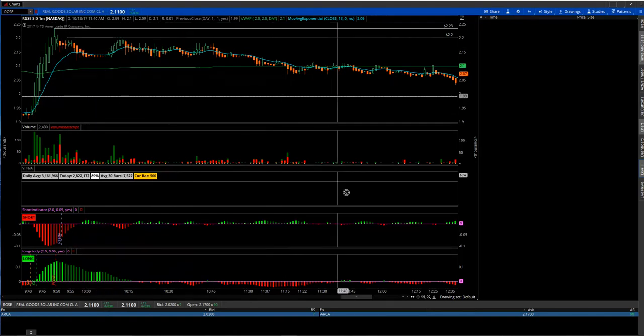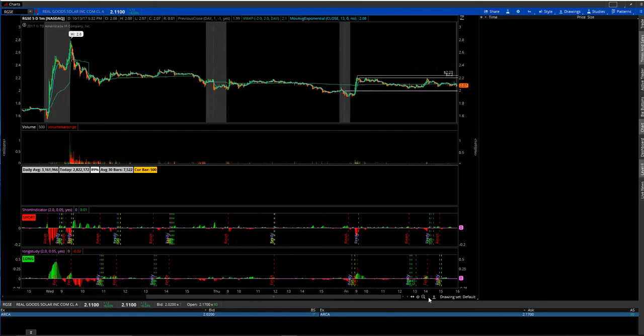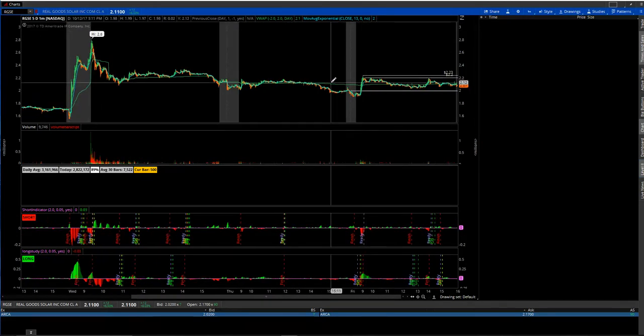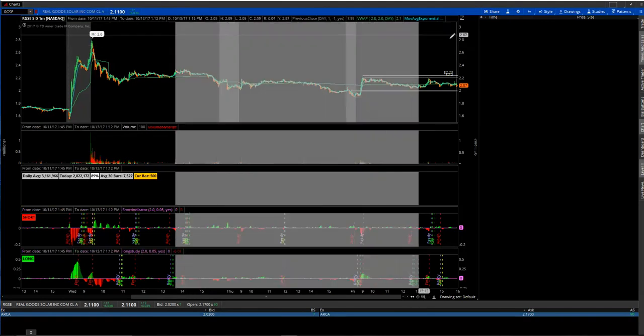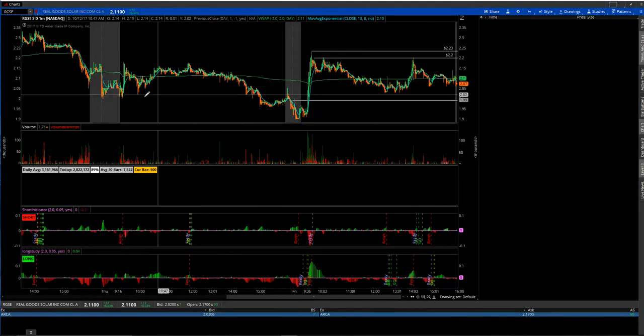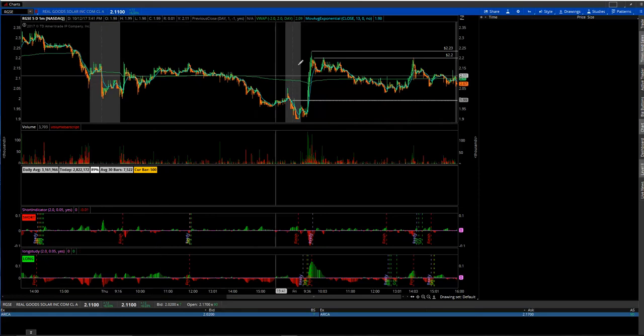What you're trying to find is a clear support level, because nobody knows what a stock is going to do, right? Looking for a clear support level to say, okay, this is where short sellers are probably going to start taking the profit, and they hit the buy button, and that drives a temporary spike up in price. That's what you want to short into.